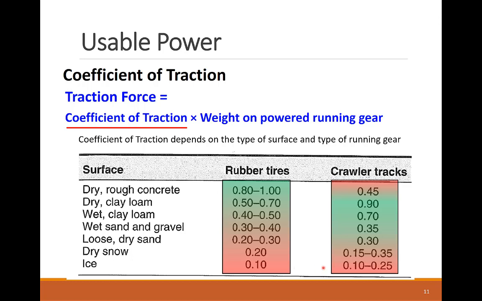For wheeled equipment with tires, the best traction is achieved on dry, rough concrete, and then it decreases when the surface gets wet and loose. For crawler equipment, it is better to use it on a rough, dry soil surface, not concrete. Regardless of the traction, it is not recommended to use crawler equipment on hard surfaces like asphalt or concrete, as tracks will damage the surface over time.